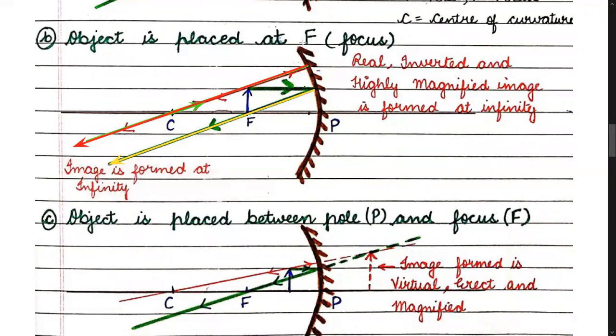And such a point is known as infinity. So the image formed is at infinity, and the characteristics of the image are: it is real, inverted, highly magnified. Highly magnified means it is very enlarged, and it is formed at infinity.